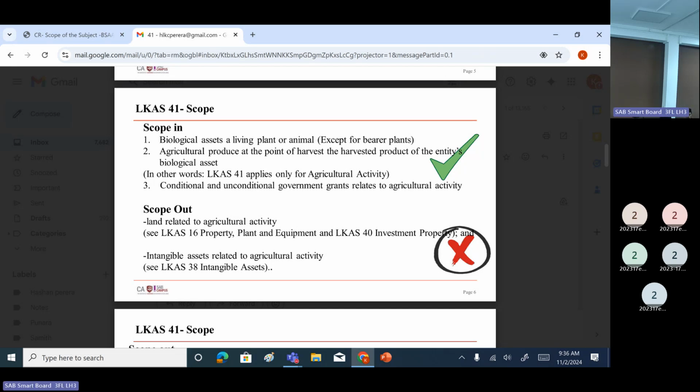Next meeting, topic is the basic concept. You can go to basic concept. Today I discussed, we have three areas. We have set of standards and then consolidation. Financial statement analysis. At least you know these three areas.